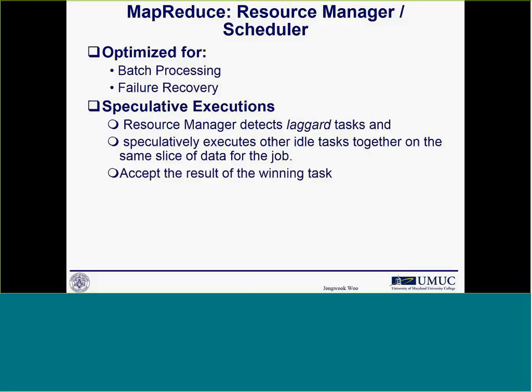It means that whenever the resource manager detects any laggard MapReduce tasks, then since other tasks have completed their jobs, those completed tasks should work on this late job to complete it, and any winning task, any task that completes that job much earlier, should be selected as the result of that execution.